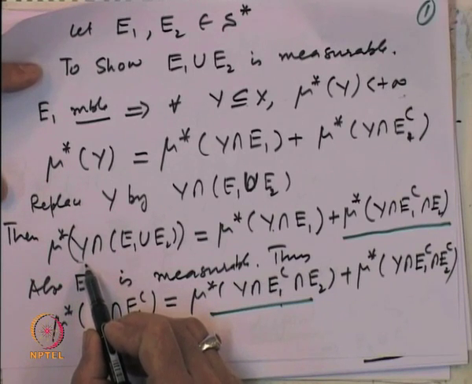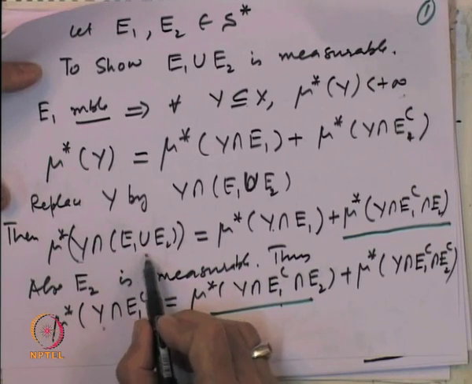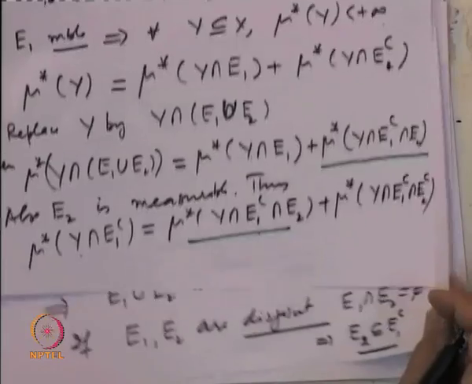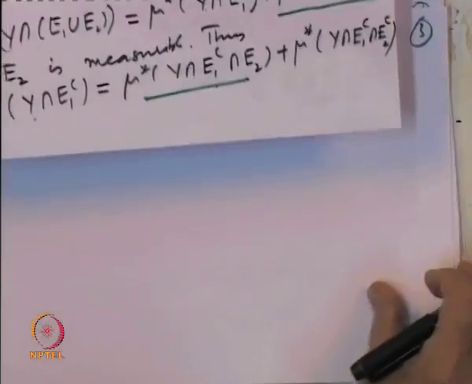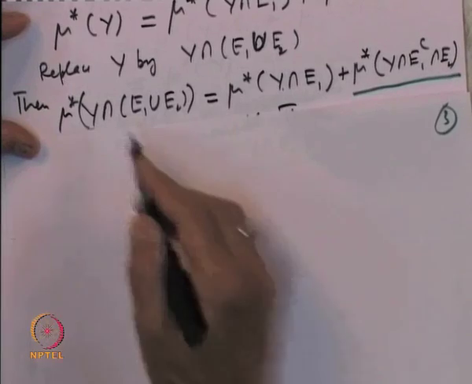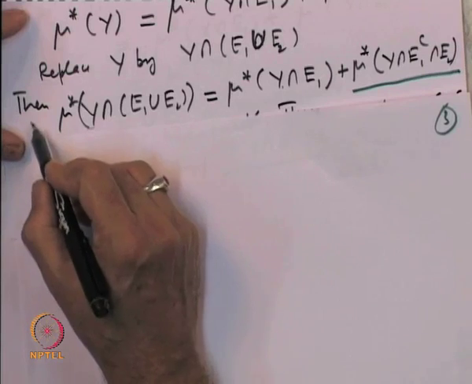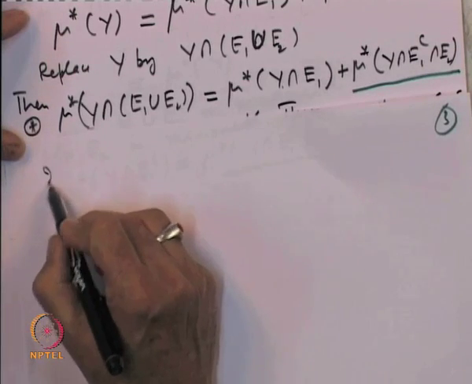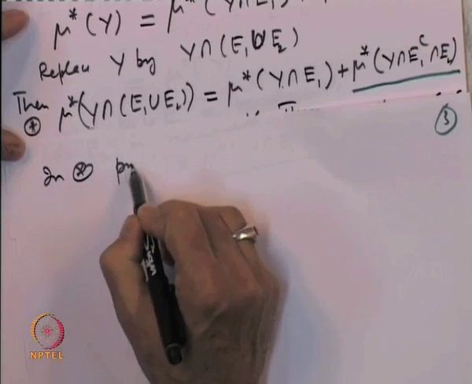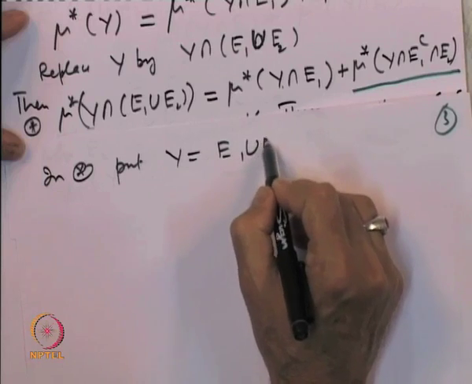So, let us replace this y by E 1 union E 2, that will give us the measure mu star of E 1 union E 2. So, in this equation, star, put y equal to E 1 union E 2.